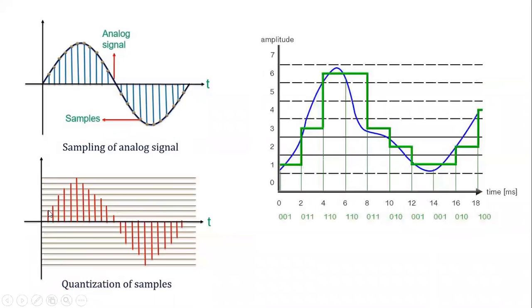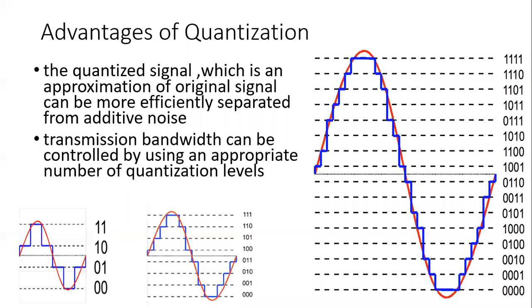You can see here, sampling has already given a voltage to the entire signal, and at that particular point we are giving a voltage level. So the more horizontal lines you give, or the more voltage levels you put in between, the generation of code becomes easy and the reconstruction of the signal becomes better.